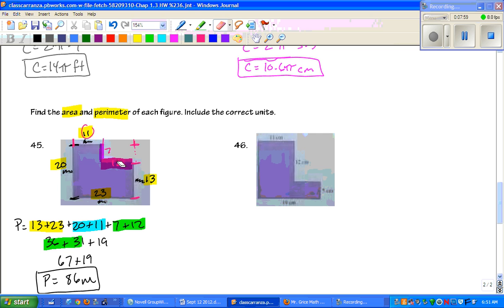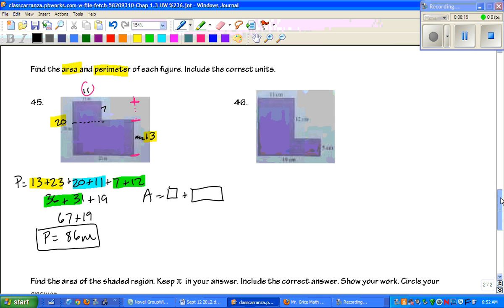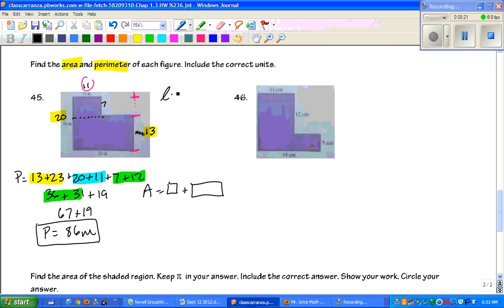All right. Let's erase some of this stuff so we can do the next one. Now, to find the area, we're going to split this up into two different shapes. So we know that's 7. So to find the area, we're going to do the small plus big. And area is length times width.